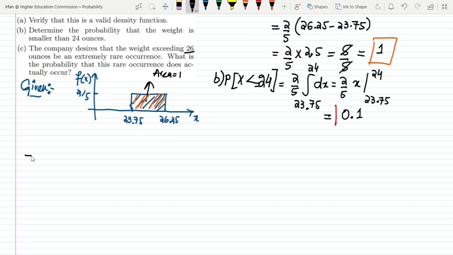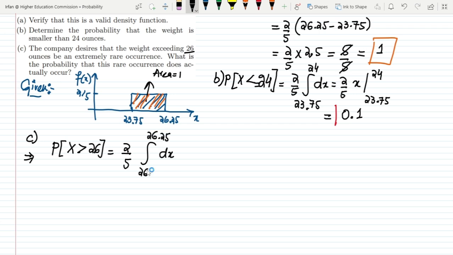We have to find the probability of it. This is part C, and we have to find the probability that the weight is greater than 26. So this would be the lower range. Let me have it here, 2 by 5, again the same function, and the lower range here would be 26, and the higher range here will be 26.25, and here we will have dx.